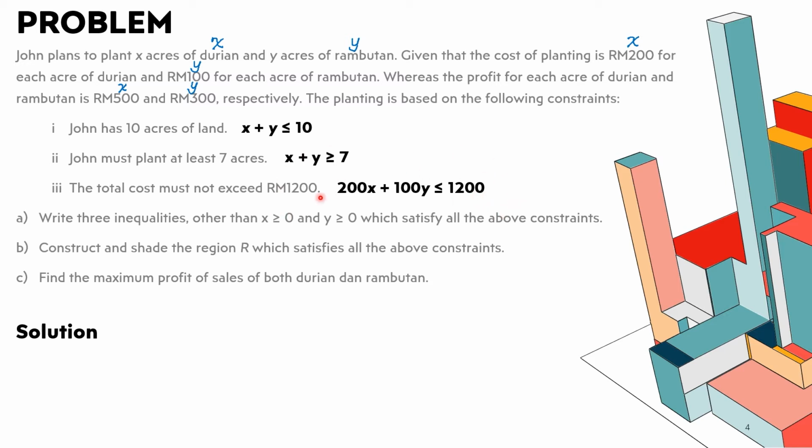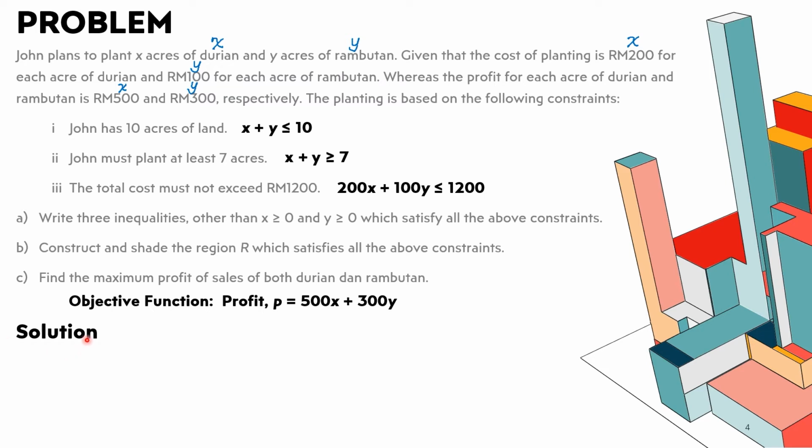So here is our third inequality. Whereas for the objective function, the profit, so P is equal to 500x, where 500 is the profit for each acre of durian, and 300y, 300 is the profit for each acre of rambutan. So here is our objective function.